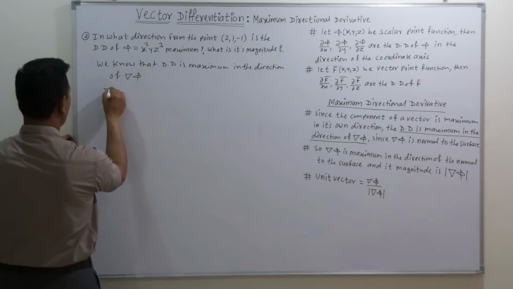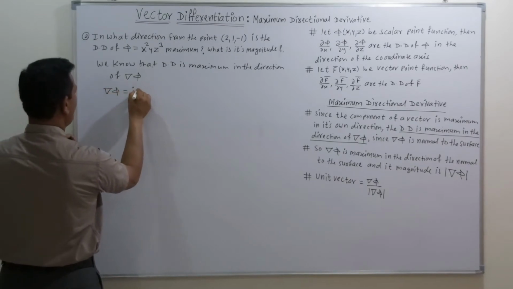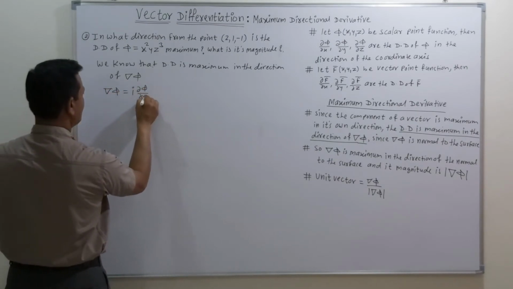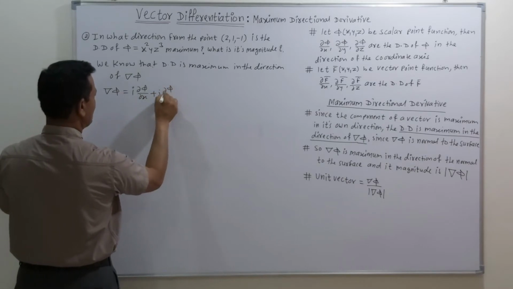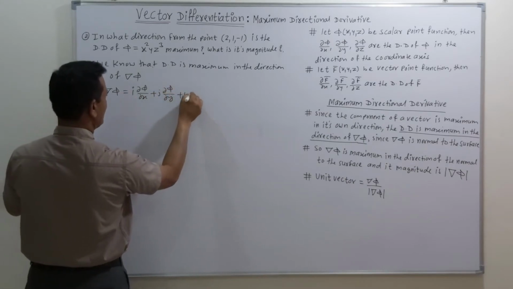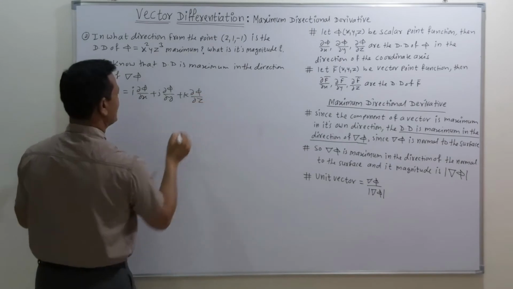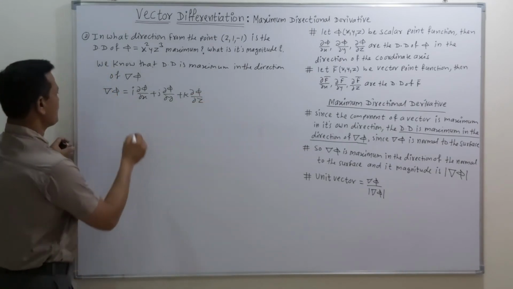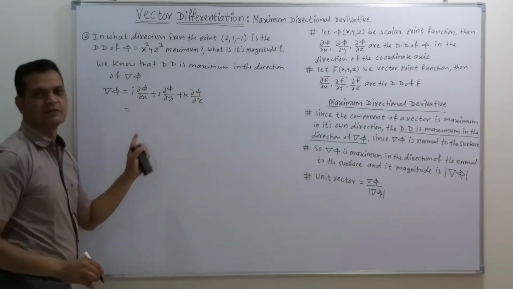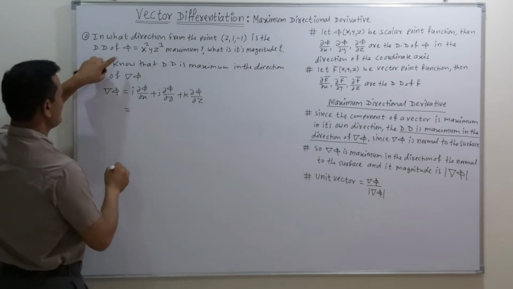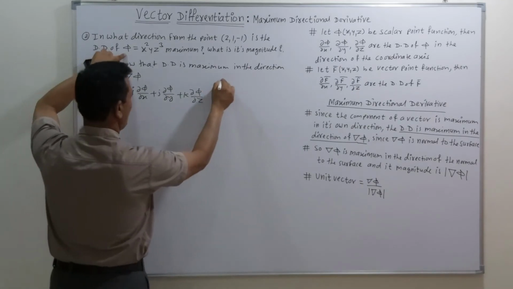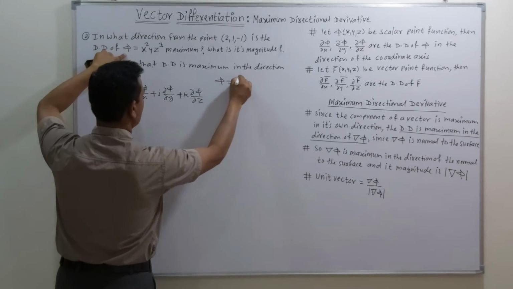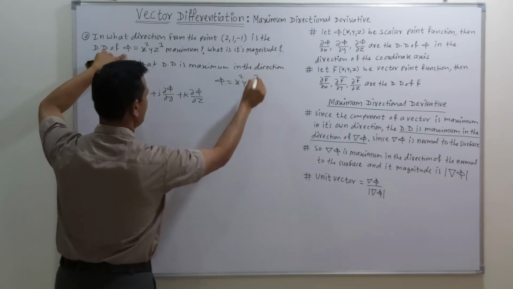So now friends, we know the definition of del phi, which is defined as i times partial derivative of phi with respect to x plus j times partial derivative of phi with respect to y plus k times partial derivative of phi with respect to z. So that means we have to find out the partial derivatives of phi with respect to x, y and z. So value of phi is given as x square y z cube.